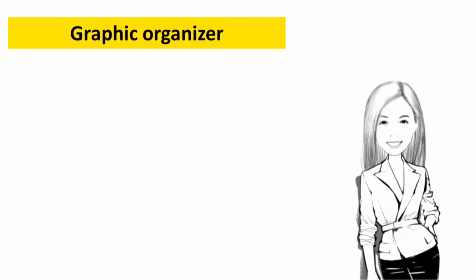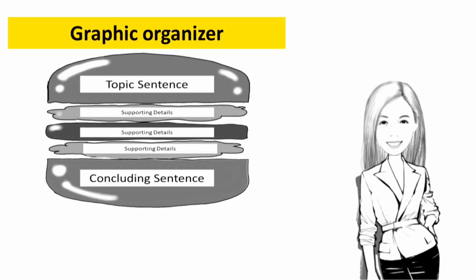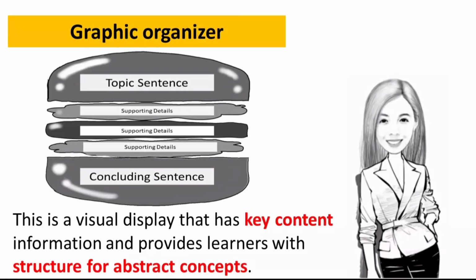Another kind is graphic organizer. This is a visual display that has key content information. This textual aid provides learners with structure for abstract concepts. These are usually created and designed for those who have trouble organizing information and thoughts.